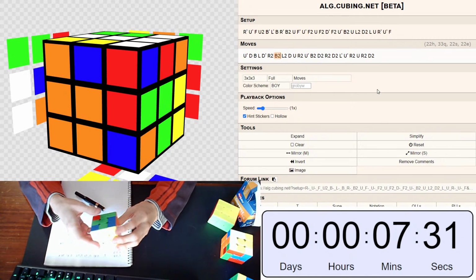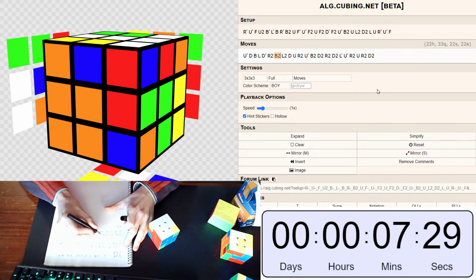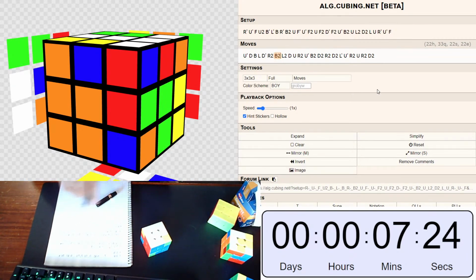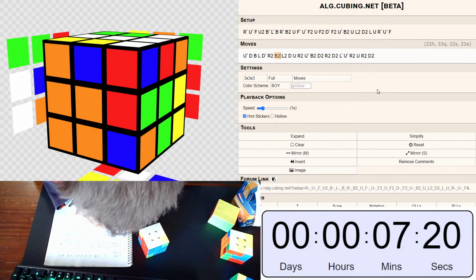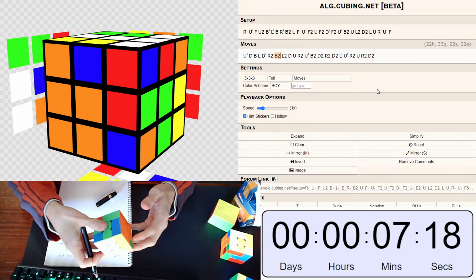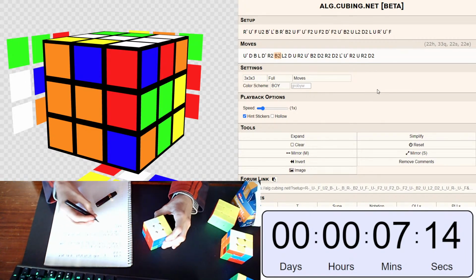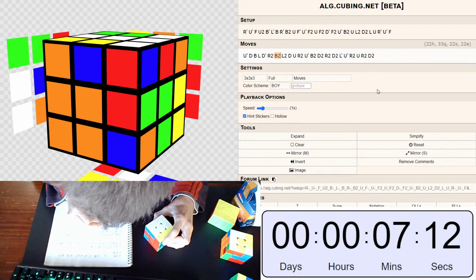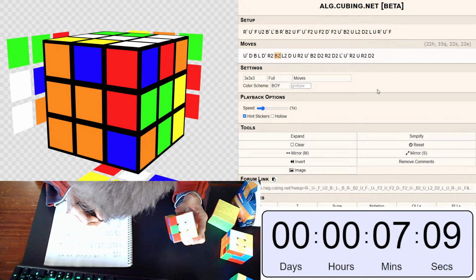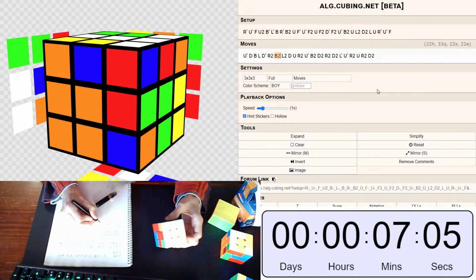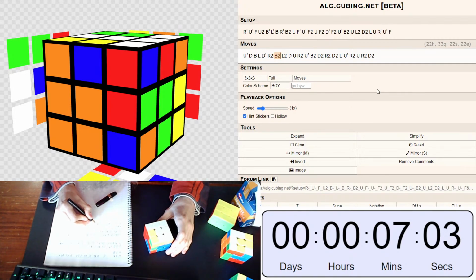L2. Okay. I don't have much time, so I'm just going to throw this insertion in. L2. U. R2. U prime. L2. U. R2. U prime.